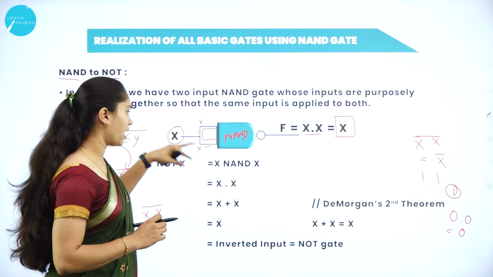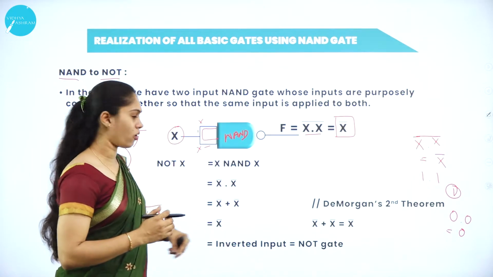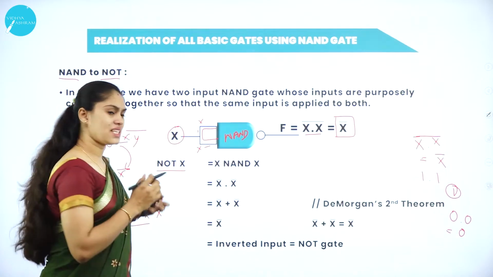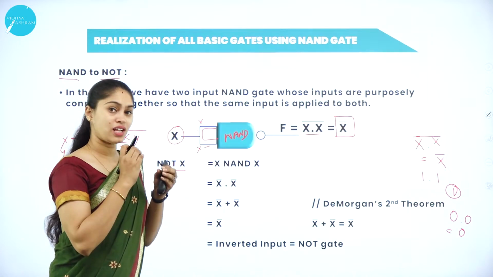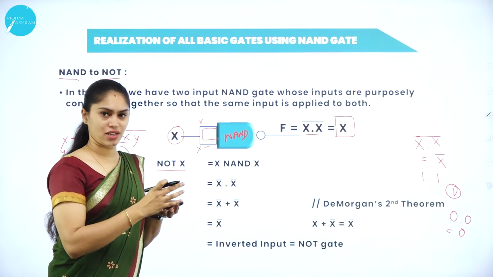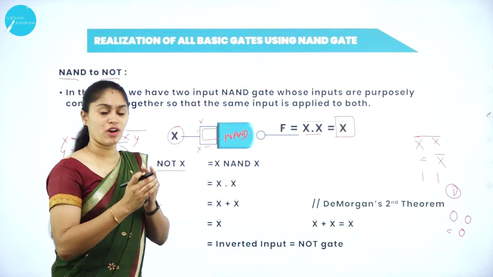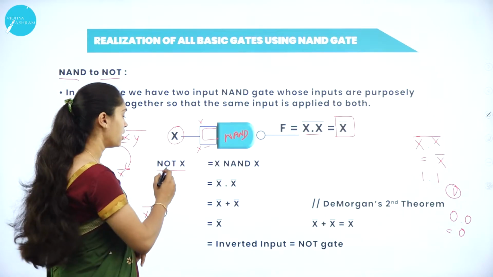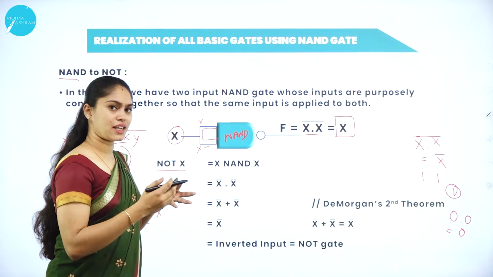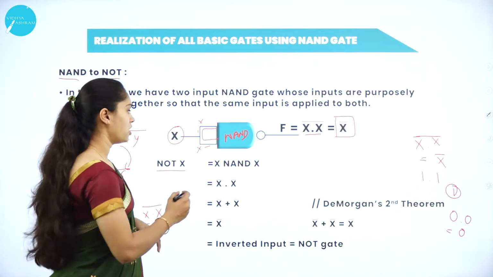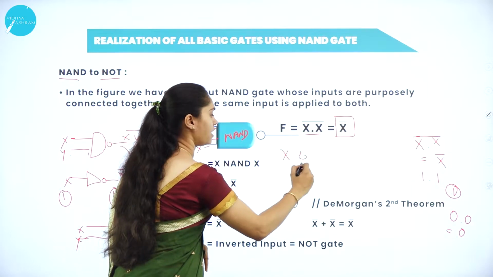Now we'll see how I can derive it in logic form. Here, I'm seeking a NOT x. That means I have an input, I need to give it to the NAND gate as an input, and it has to give me the output of a NOT gate. So here NOT x is equal to, how am I going to write the NAND gate? We have two inputs. Which are the two inputs? x and x.